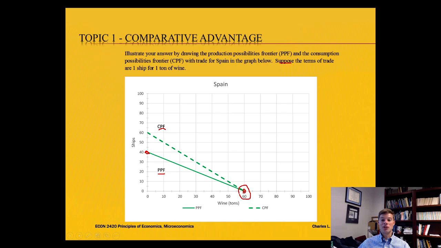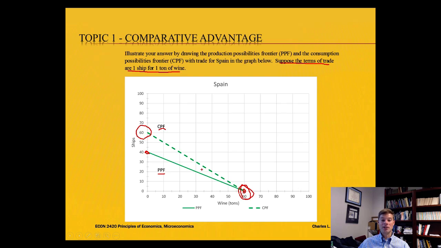Let's suppose that the terms of trade are 1 ship for 1 ton of wine. This means that if Spain specializes in producing 60 tons of wine, then they could trade that on a 1-to-1 basis for up to 60 ships. So the dotted green line in this diagram shows us Spain's consumption possibilities frontier.